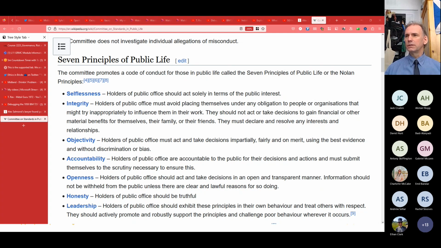And I think what I would suggest is if you're not sure, then err on the side of caution and say, yes, okay, these are reasonable principles, let's do it. Because if you're not going to be selfless or have integrity or objectivity or accountability or openness or honesty or leadership, you have to have a really good reason to not have any of those things.